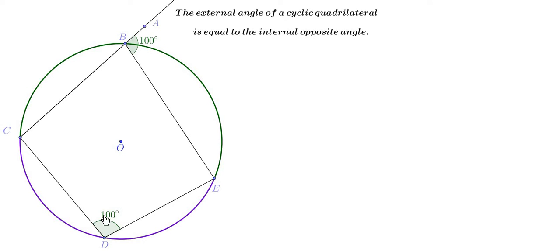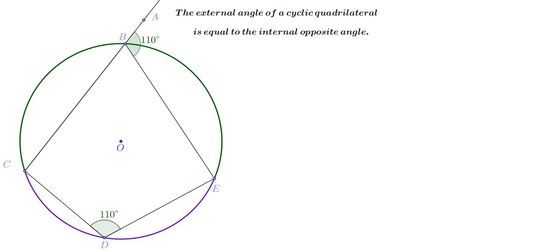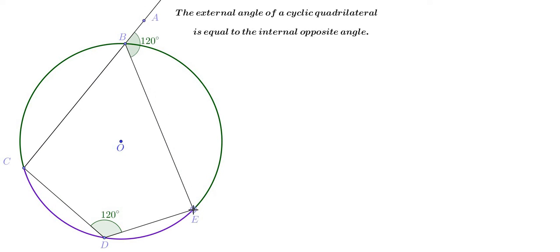And the internal opposite angle, or the angle that's furthest away from the external angle, is the other angle that matches. So what we'll do is change those and just see that both remain the same. As I change the size here, you can see that at the moment they're both showing 120.